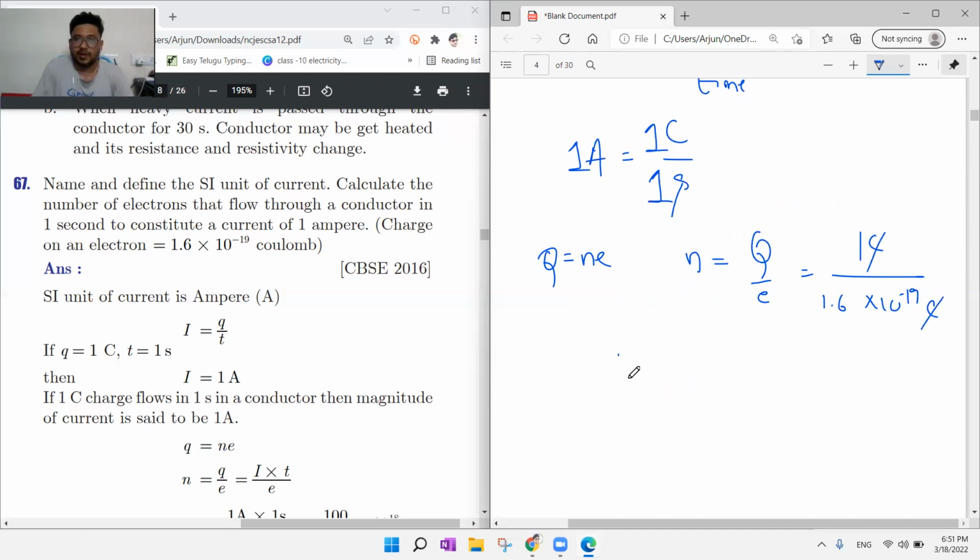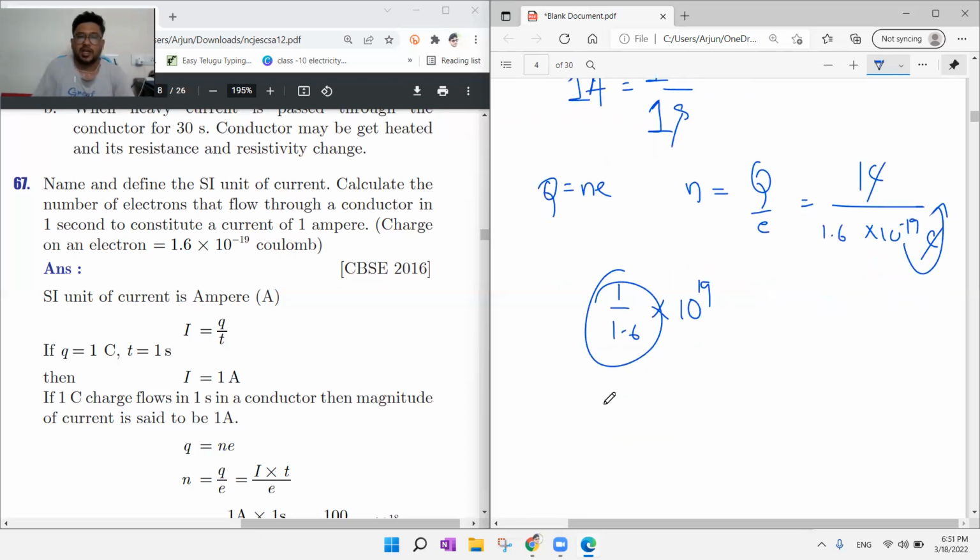Coulomb gets cancelled, and 1 by 1.6 into 10 power minus 19, if it goes to the numerator, becomes 10 to the power of 19. 1 by 1.6 value is 0.625 into 10 power 19. Now we move the point one place, so that one power is reduced here. The answer will be 6.25 into 10 to the power of 18 electrons constituting 1 coulomb of charge. Simple answer, we can write it.